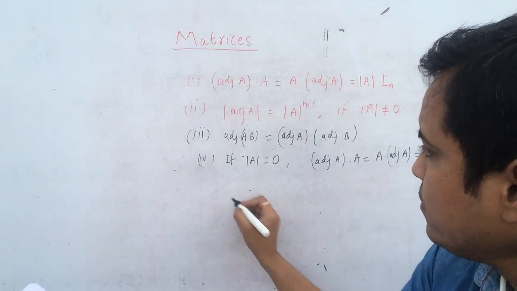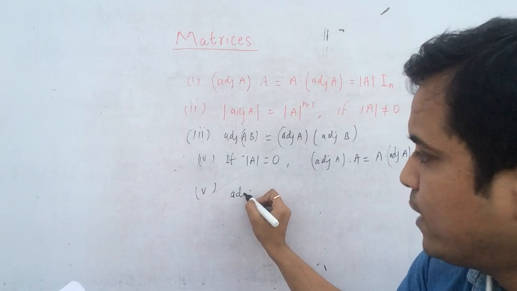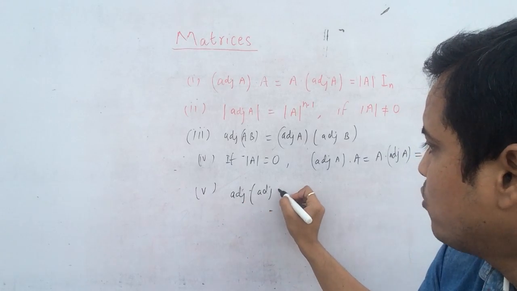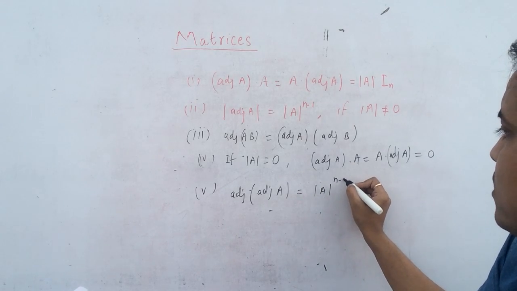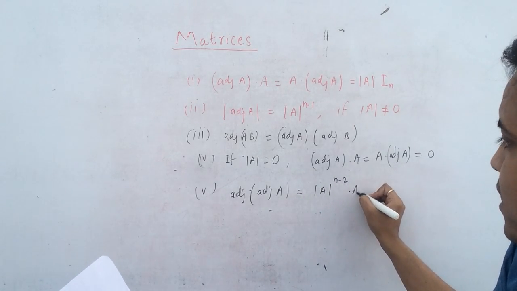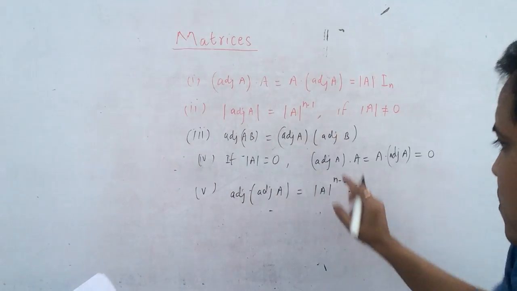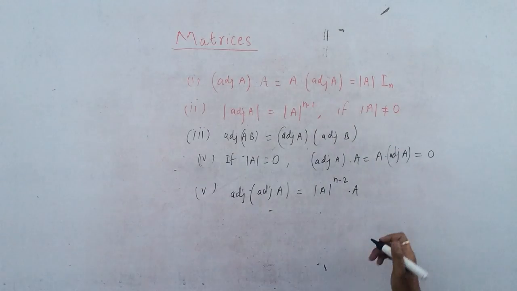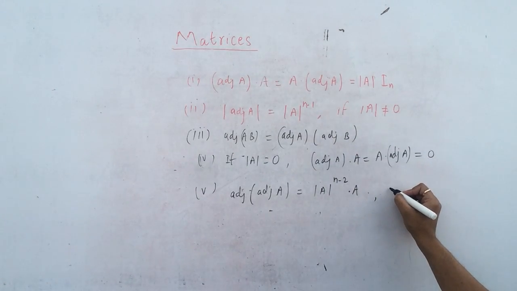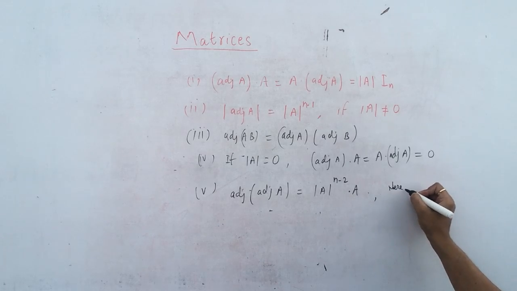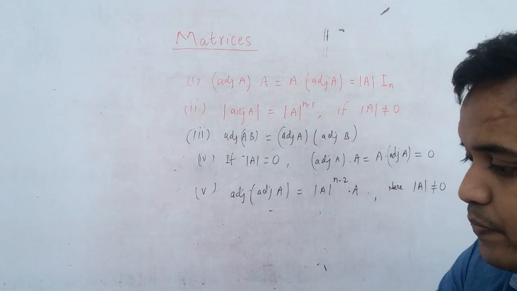Now the fifth one is very important: adjoint of adjoint of A is equal to determinant of A raised to power n minus 2 into A. You need to learn this. And here also A should be non-singular, that means determinant of A should not be equal to 0.